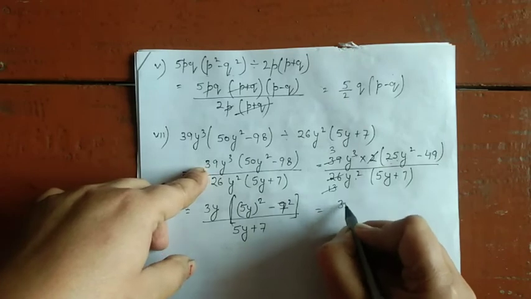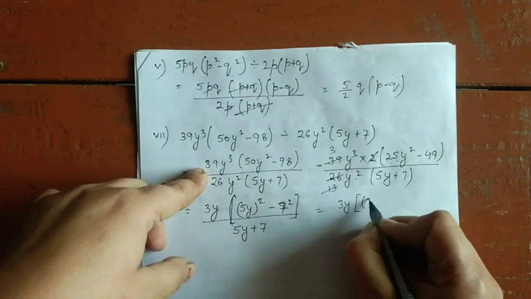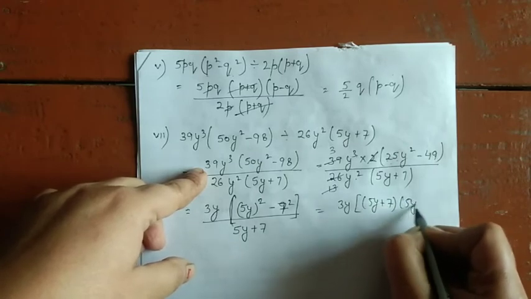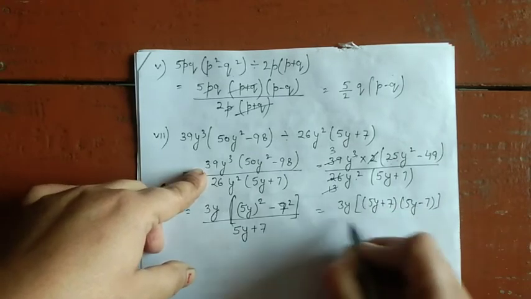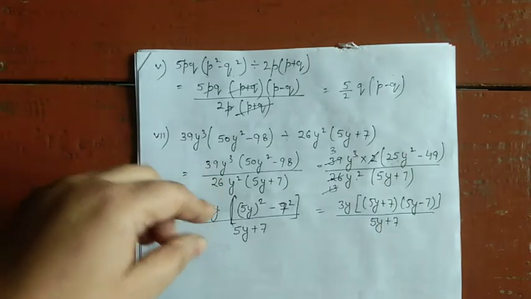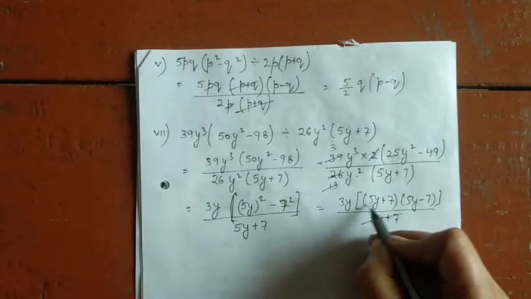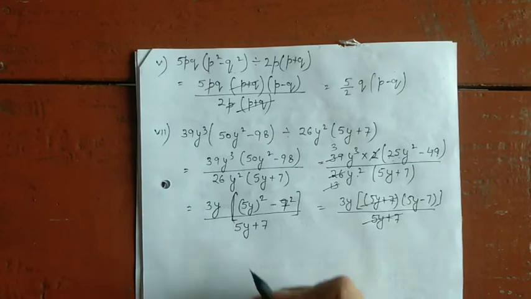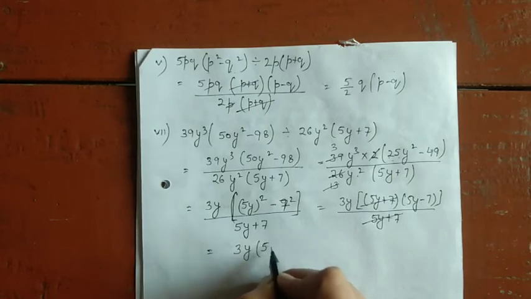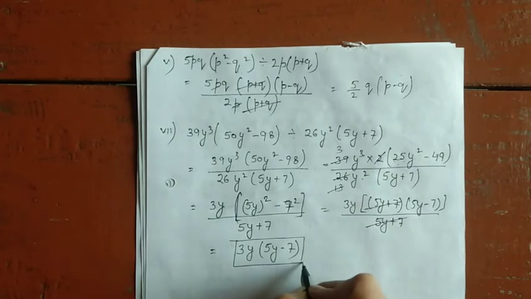Now see, 3y, it will be (5y plus 7)(5y minus 7) upon (5y plus 7). Okay, now see, these both are similar terms, they will be cancelled out and our result will be 3y(5y minus 7), and this is our required answer.